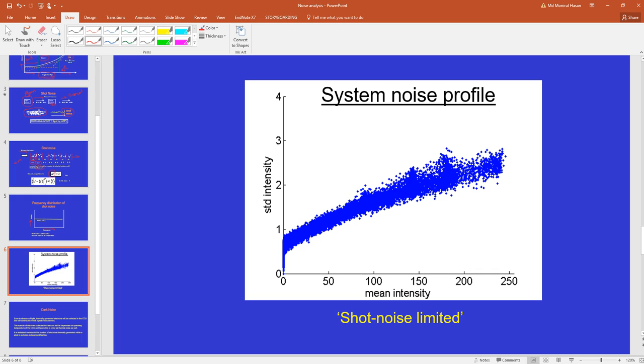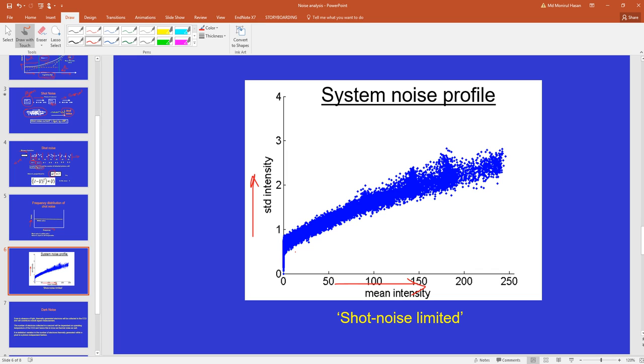Now, how can we tell whether your system is shot noise limited or limited by some other reason? Say we collect the intensity over time for different time periods, and calculate the standard deviation of the intensity for each period, and if we plot that, we see the distribution of the standard deviation. That means the fluctuation of the light over different intensities.